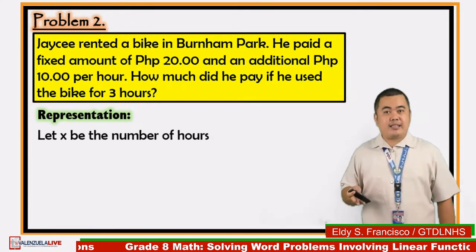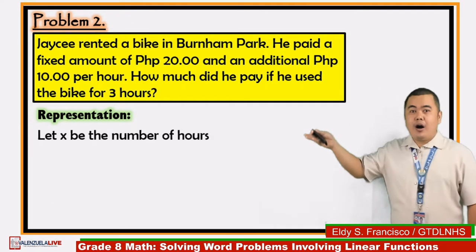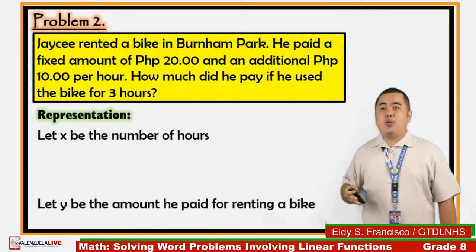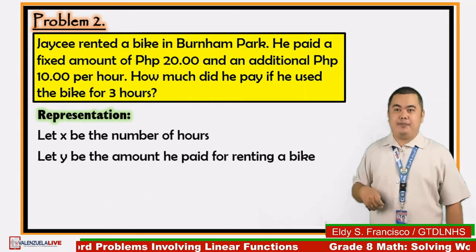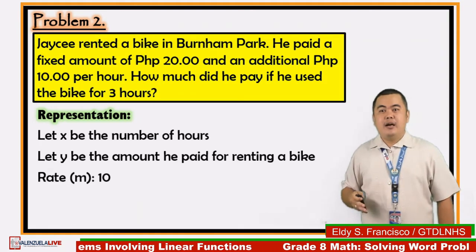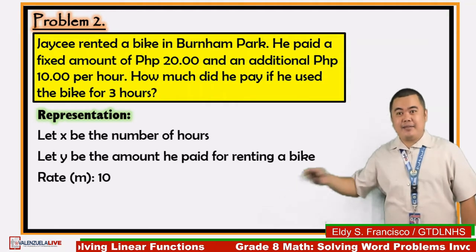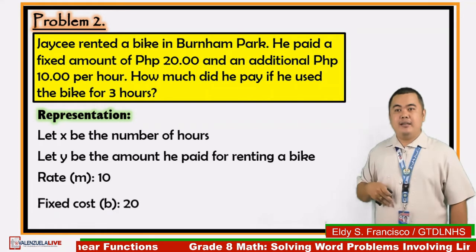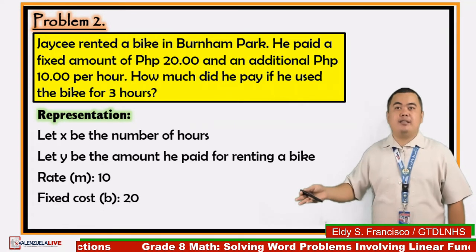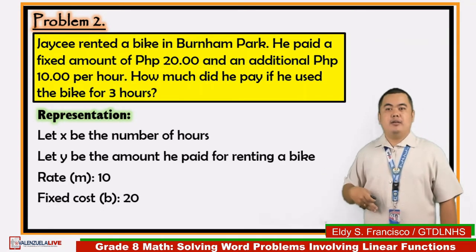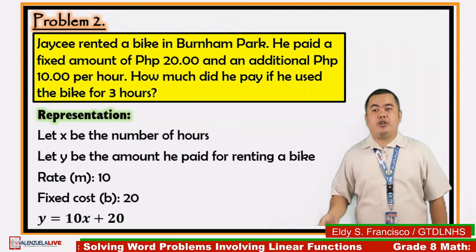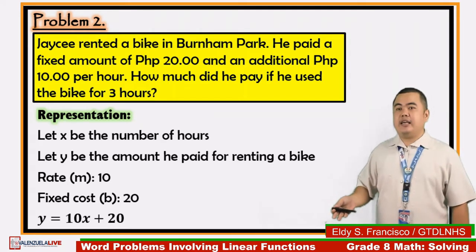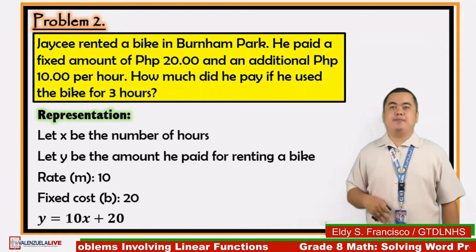Let X be the number of hours. Let Y be the amount he paid for renting a bike. And our rate is 10. Then, our fixed cost is 20. So, we will have now an equation of Y equals 10x plus 20.